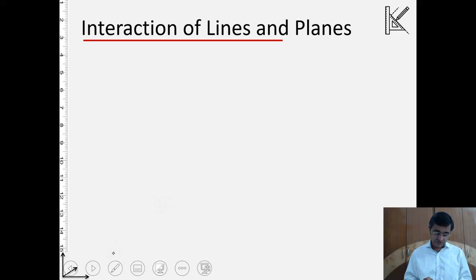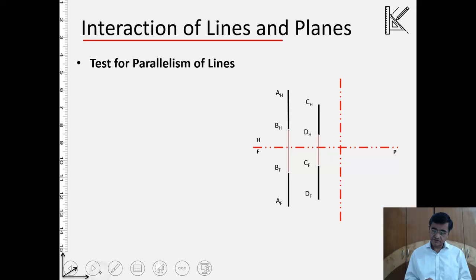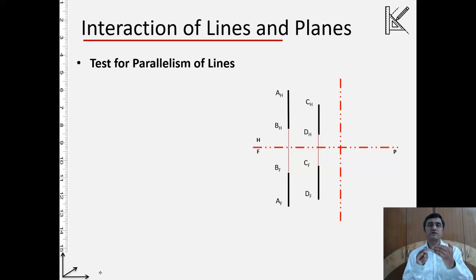Let me show you one case. I'm drawing the projections of two lines, AB as this and CD as this. If you look at this on two adjacent planes, the frontal and the horizontal, these two lines are parallel as in the previous case.